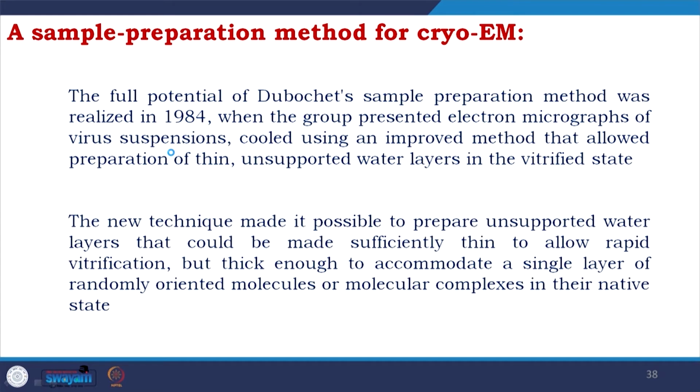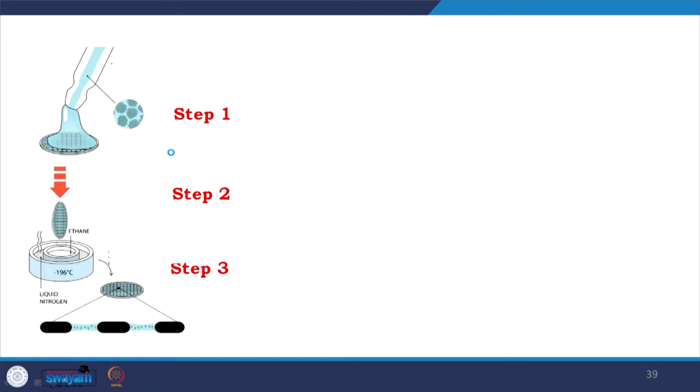The new technique made it possible to prepare unsupported water layers that could be made sufficiently thin to allow rapid vitrification, but thick enough to accommodate a single layer of randomly oriented molecules or molecular complexes in their native state, which was the aim for a long time.